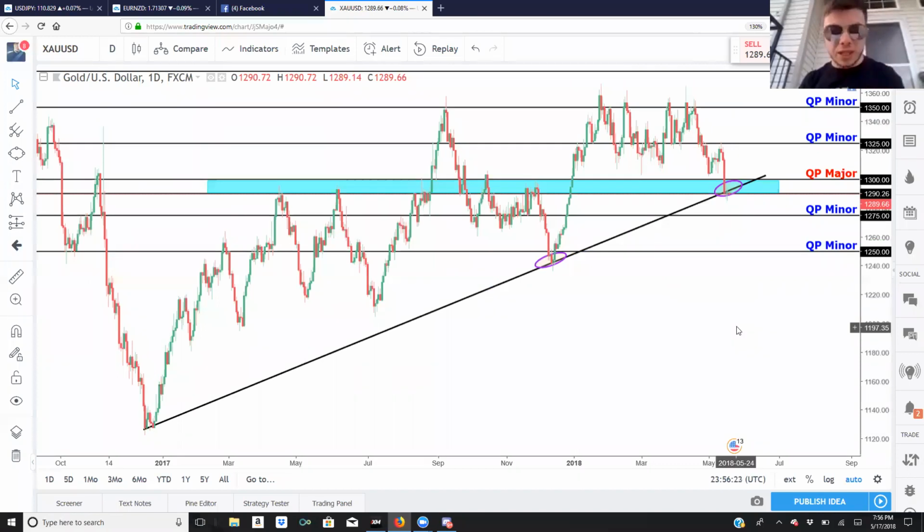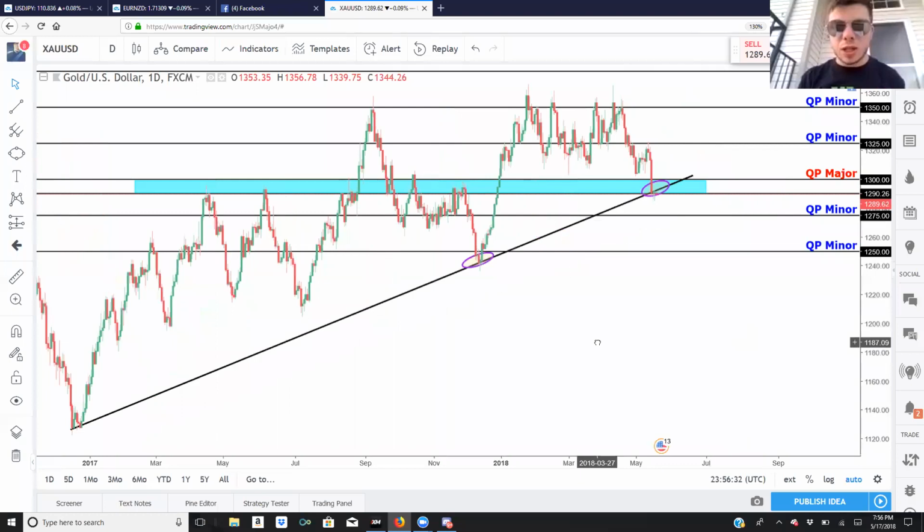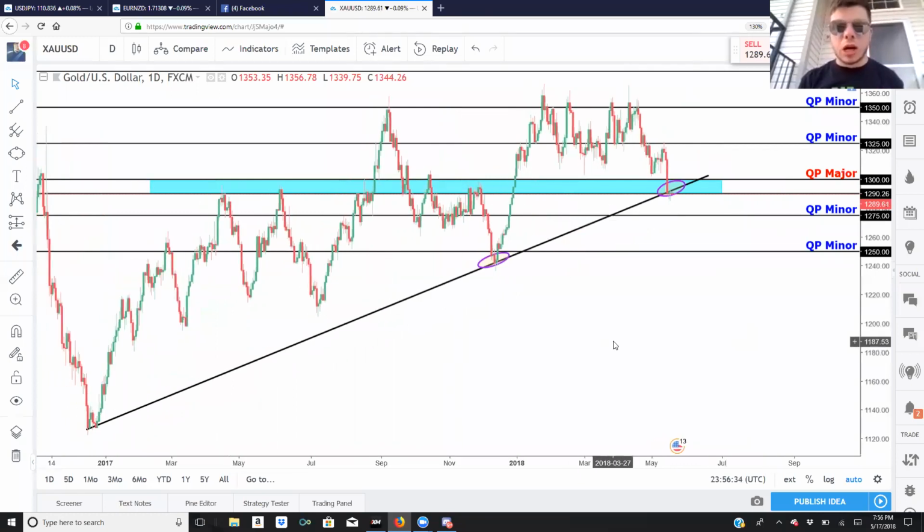So this is a pair that Joe had actually talked to me about today and talked to Jay about. He had talked about how he's been scalping gold to the downside for a while now, right? And so I happened to look at it today and I was like, okay, I want to find my major and minor quarter points again, and we'll see what happens.